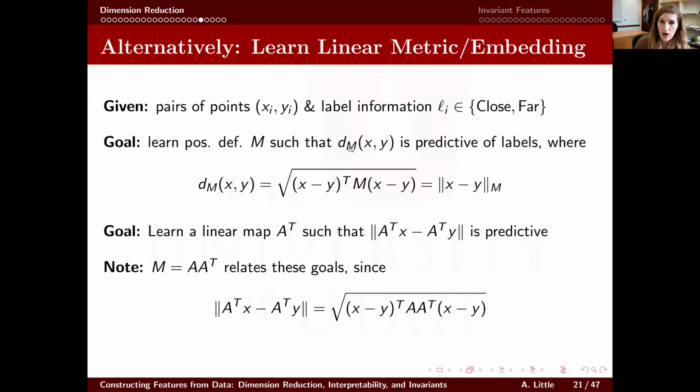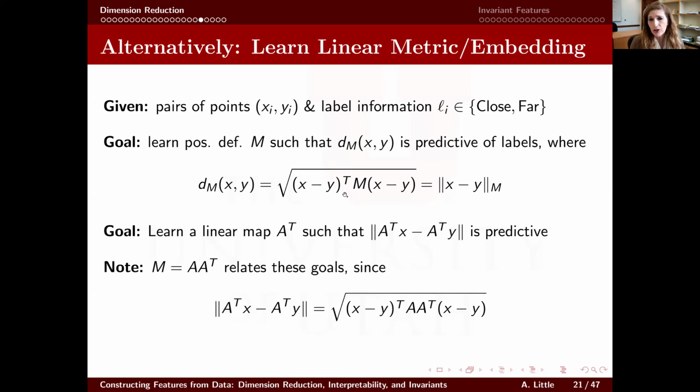Okay, so this is trying to learn what's known as the Mahalanobis distance between the points, where that Mahalanobis distance is computed like a regular Euclidean distance, but scaled by M.